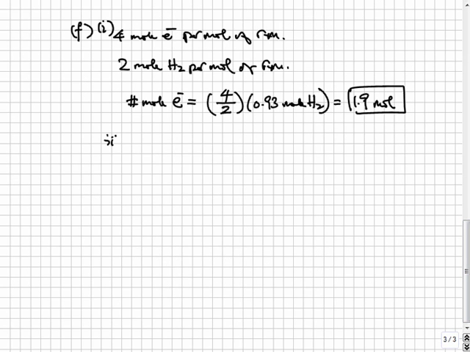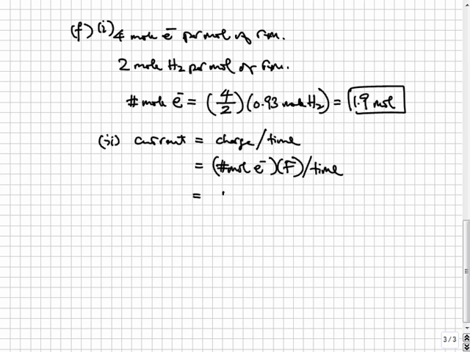And for part 2, the current is defined as the amount of charge that is passed through the circuit divided by the time. The total charge is equal to the number of moles of electrons, which we calculated above, multiplied by the charge per mole of electron, which is called the Faraday's constant.